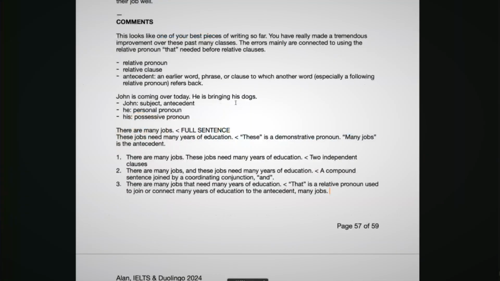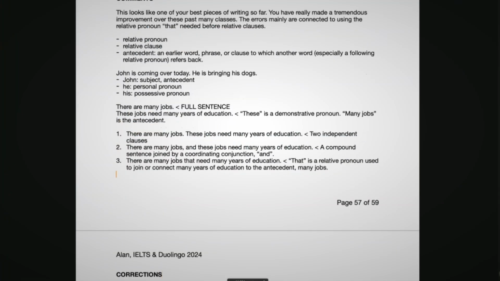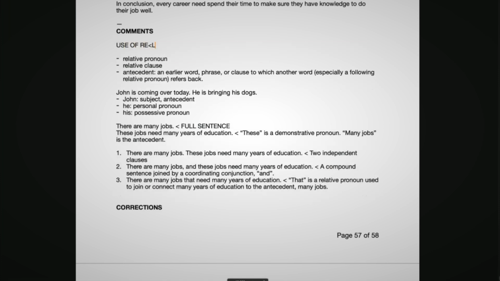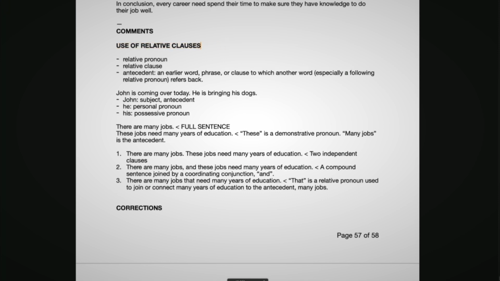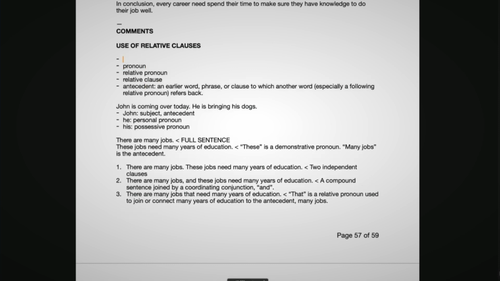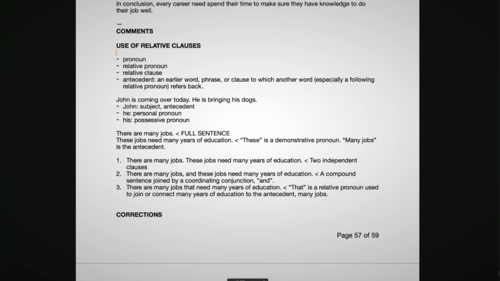So we can just give two more examples. Let's put them over here. Use of relative clauses to join. Pronoun, relative clause, antecedent, and what's this thing here? Other examples.